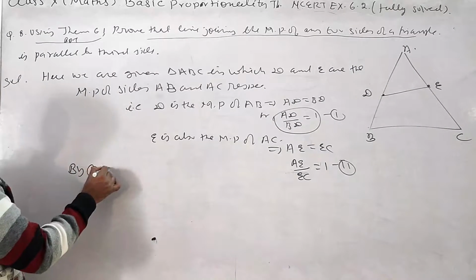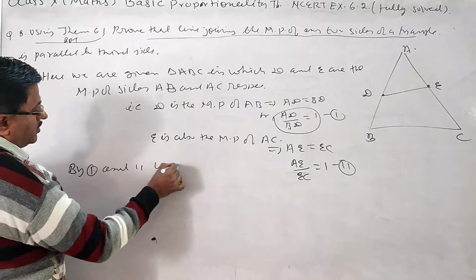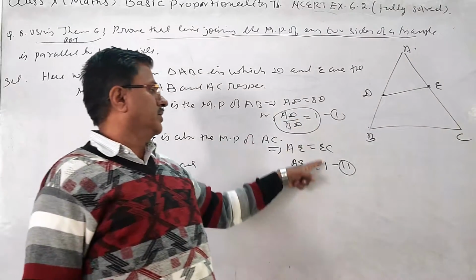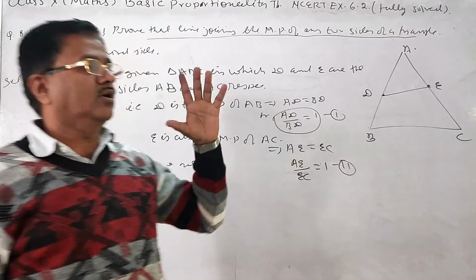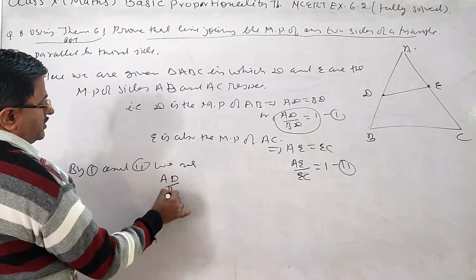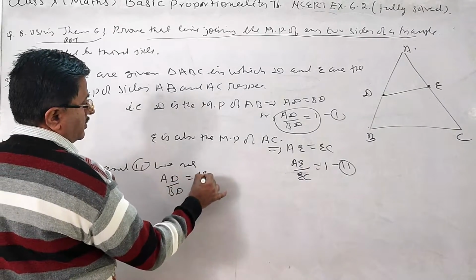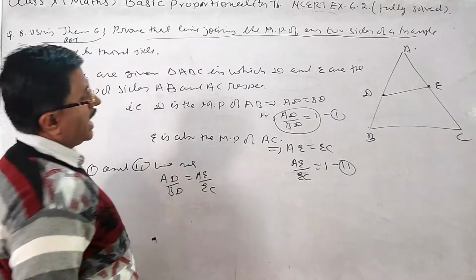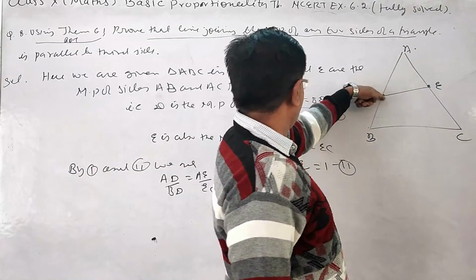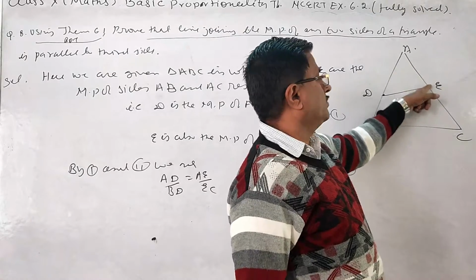Now if you compare 1 and 2, so by 1 and 2 we get what? Both have the right hand side equal, that is 1. It means their left hand sides should also be equal. So we can write AD upon BD is equal to AE upon EC. Now by the converse, so what do we see here? AD upon BD equals AE upon EC.